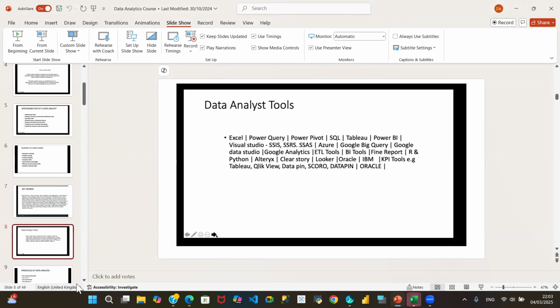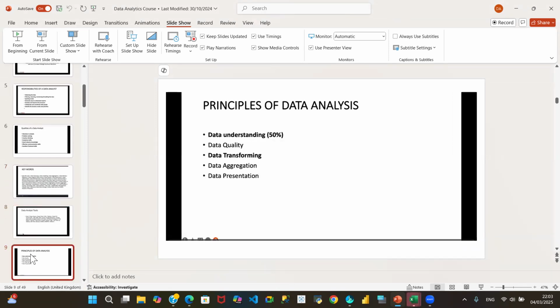Okay, and then I said we'll start looking at this in practical sense. Let's have some data understanding skills, how to understand your data and data quality, how to take care of data quality in Excel. Okay, those are the major things.